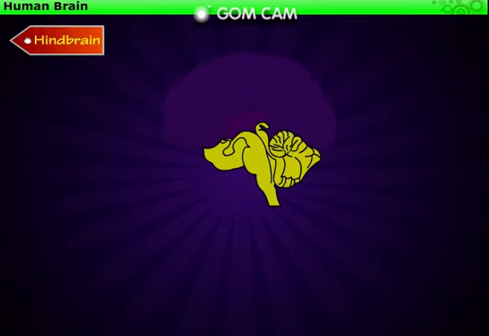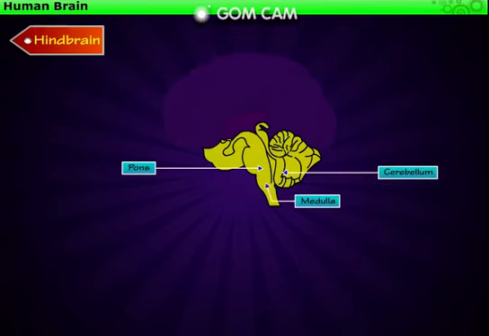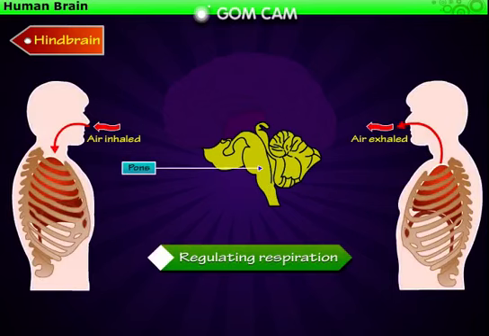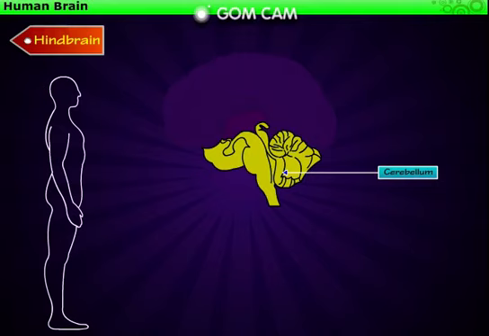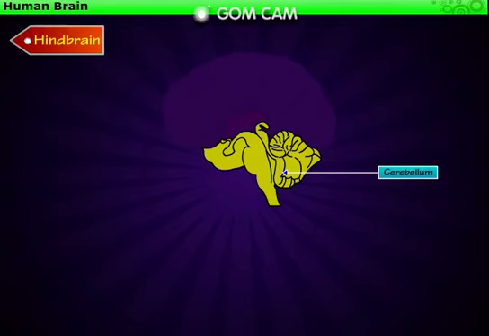The hindbrain consists of three centers, called pons, cerebellum, and medulla. The pons help in regulating respiration. The cerebellum helps in maintaining posture and balance of the body. Because of the cerebellum, we can stand upright, keep our balance, and move around.